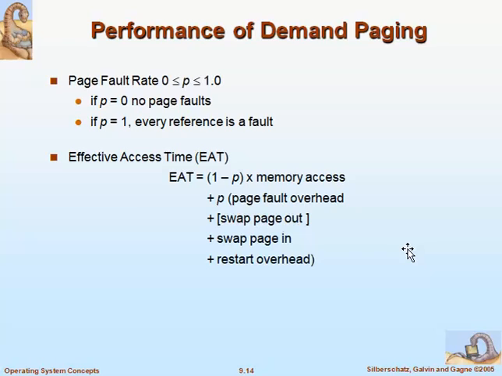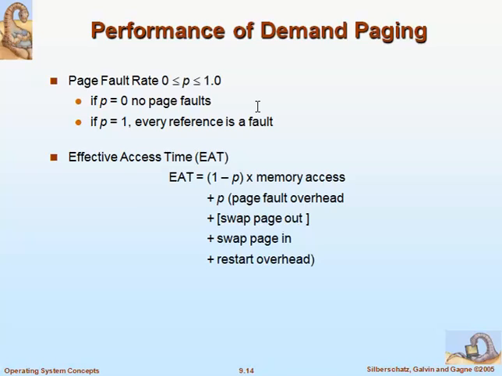So here is one calculation for the performance of demand paging. Here we consider the page fault rate. P is the probability of a page fault, and its value lies between 0 and 1. If I say the page fault probability is 0.5, that means 50% of the time we get a page fault, and whenever there is a page fault, there is an additional overhead.